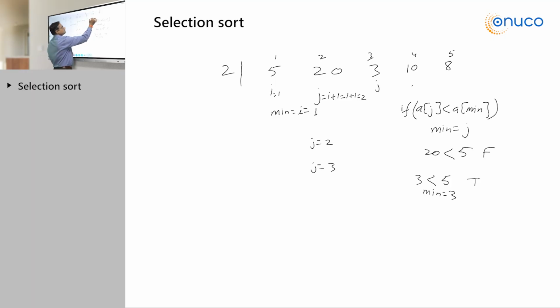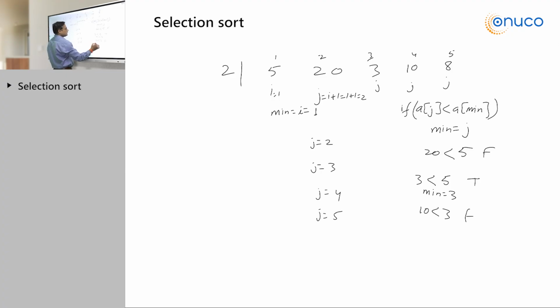Again, j increases, so j becomes 4. And we are going to compare whether 10 is lesser than 3. Is 10 lesser than 3? No, false. So again j increases, j becomes 5.